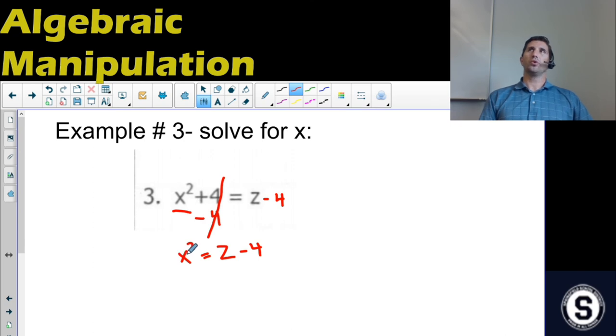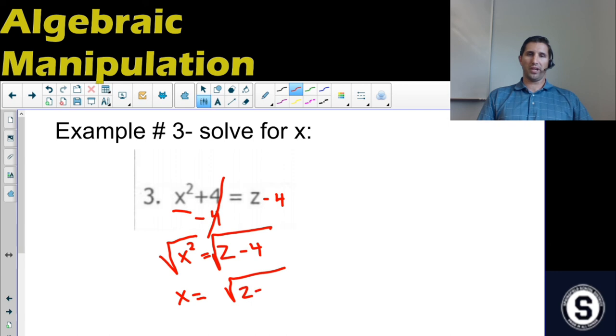In order to undo a square, we have to take the square root of both sides. So we're going to take the square root of x squared and take the square root of this. And the square root of x squared is x. So we're okay with that. And the square root of z minus 4, we can just write that here.